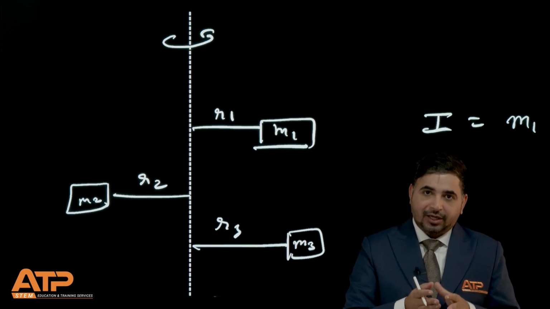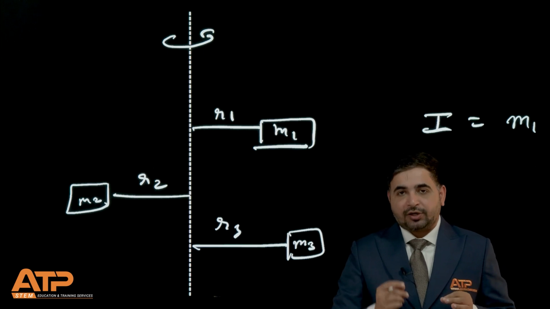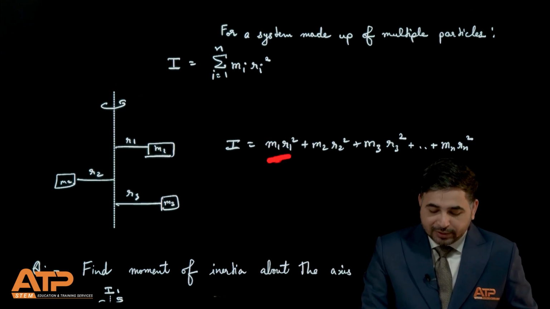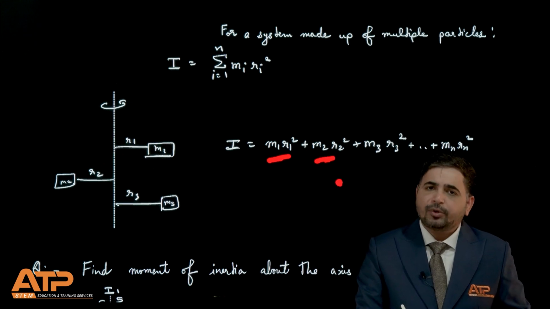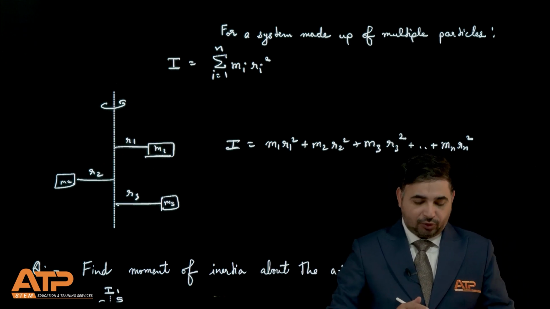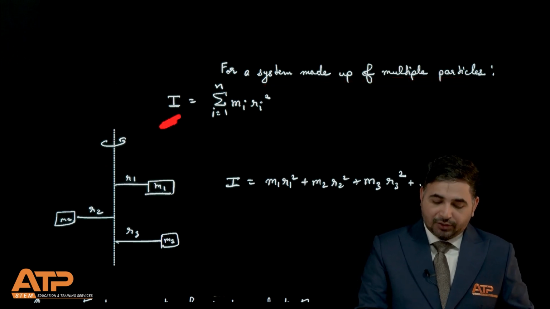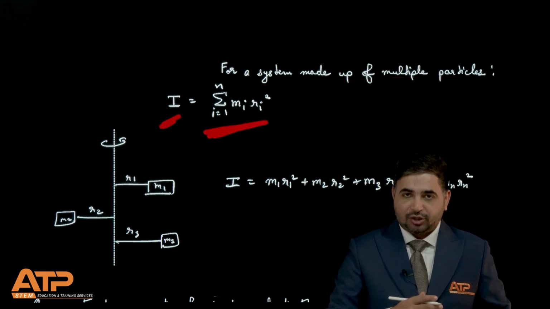In this situation, we need to add the moment of inertia of each and every particle about the axis. So it will be m1 r1 square plus m2 r2 square, up to whatever number of particles you have. So for a system made up of multiple particles, moment of inertia will be given by this summation.